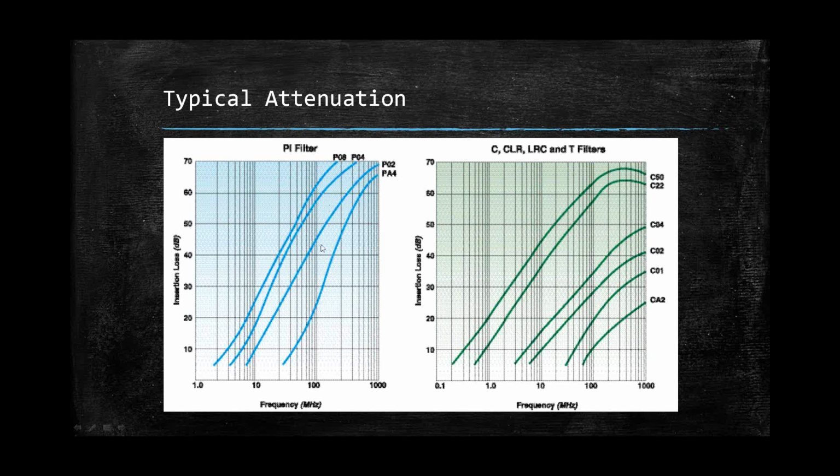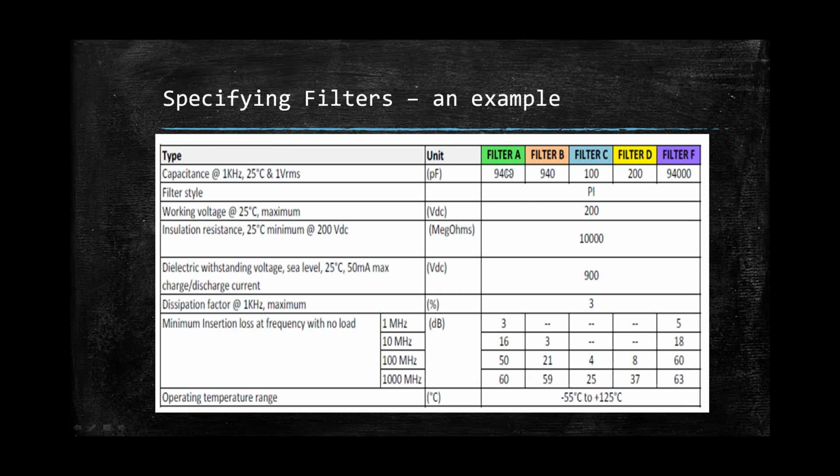So if you're up at 2,000 picofarads in a pi circuit, you're at 45 dB attenuation. So I guess you can look at one as a low-pass filter and the other one as a high-pass filter, and you choose the filter that you want, and we can provide you with the connector that you would like. Now here's an example specifying filters. This is one of our customers who had a connector that required a variety of filters.